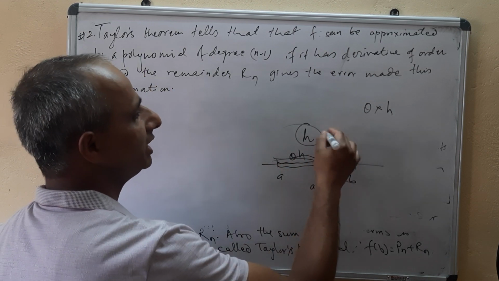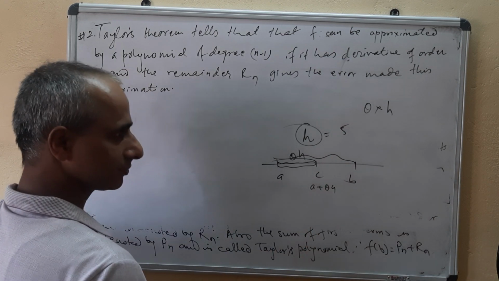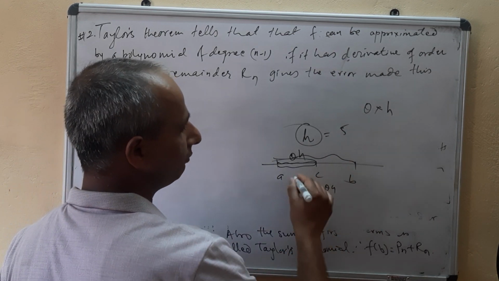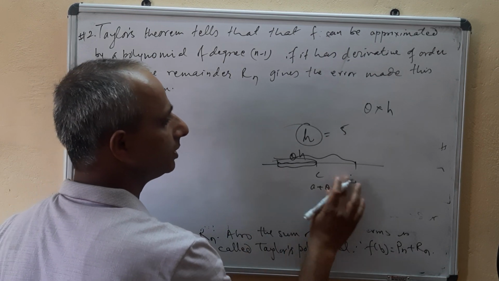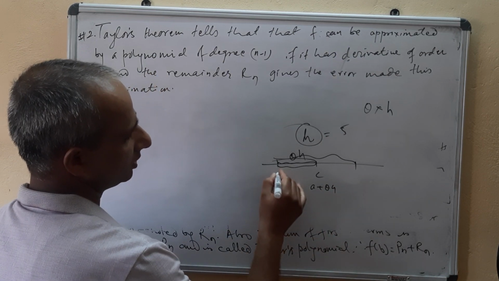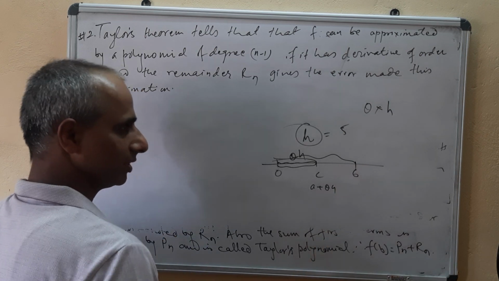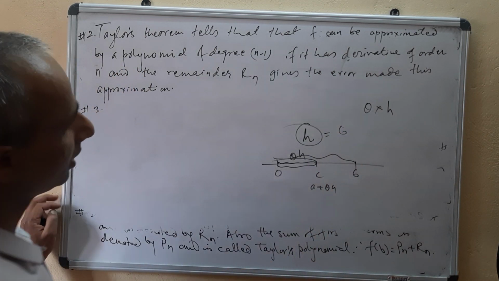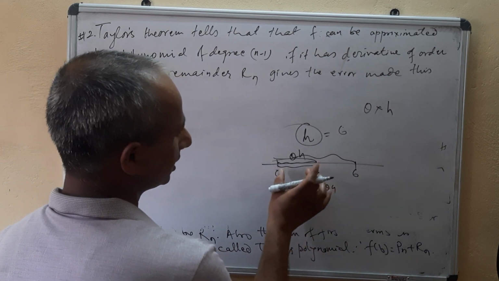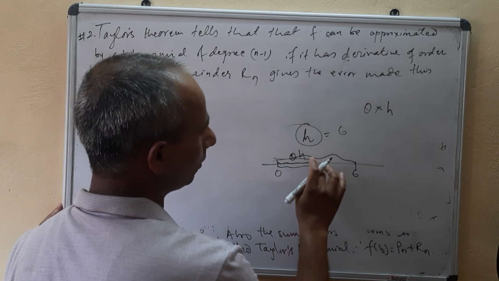For example, suppose the height of the interval is 6, and suppose we got a number c as 4.